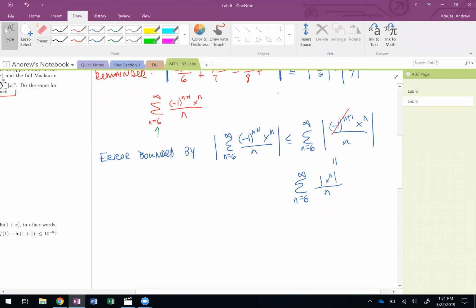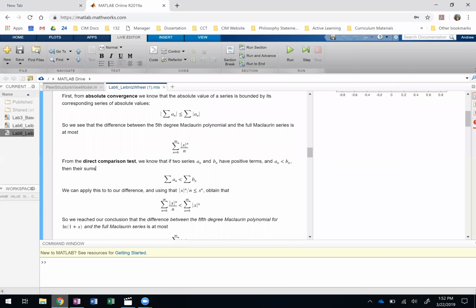We can actually simplify that one step more. The absolute value of x to the n just means we need to take a power function and make it positive. Well, if the x value that's being raised to the power is positive, that's equivalent. So that's what's happening with this conversion to get to this term.